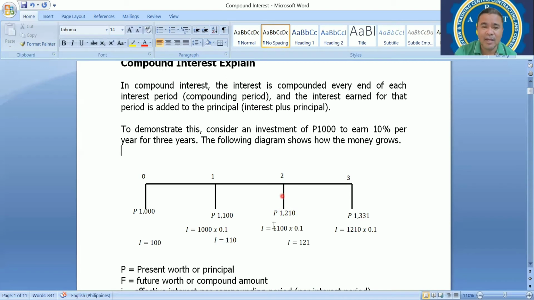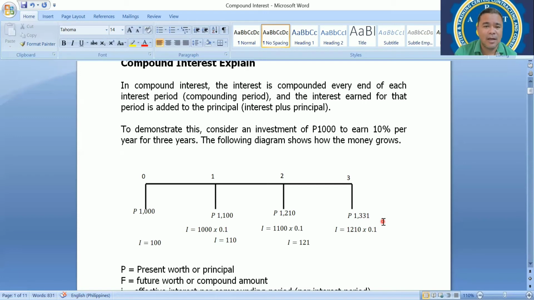Again, your principal for the second year becomes 1,210, and you add the interest for that year, 10%. So 1,210 times 10% is 121. Then you add 121 to the 1,210, and it becomes 1,331.